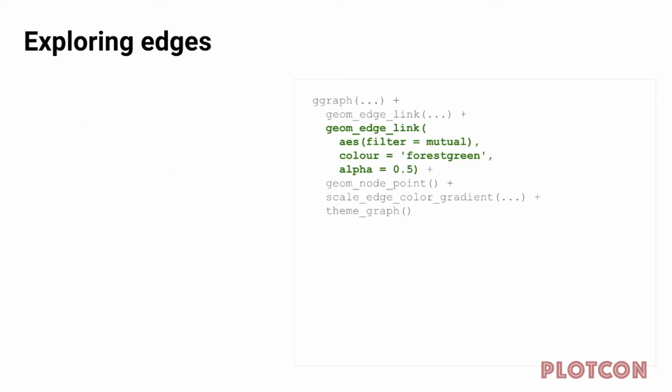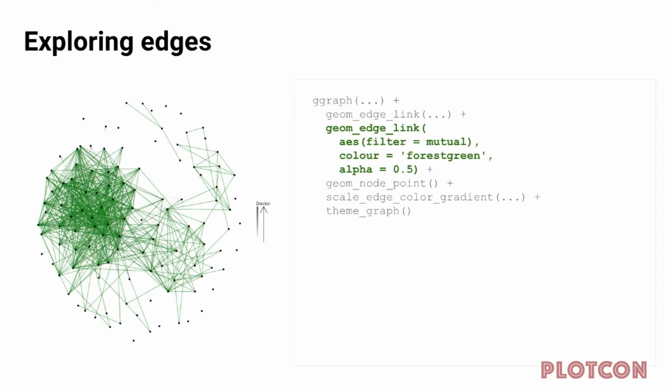So maybe I want to show the ones that are actually following each other, the true friends of my network. And we can do that by just adding another layer of links on top. So we add a new geom edge link on top of the other link, and we use this filter. I've already added whether they are mutual or not to my dataset. So I just filter on whether or not this edge signifies a mutual relationship.